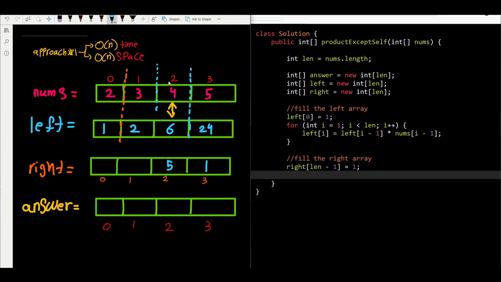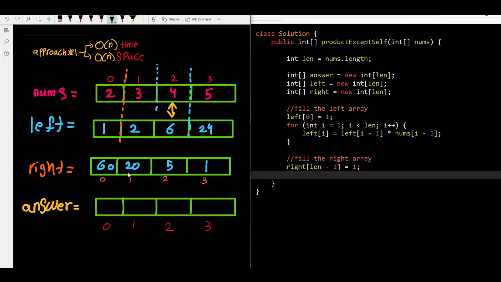We see that we have 4 and 5, so we know that 4 times 5 equals 20. So now finally, let's go to index 0. Go to index 0 in nums, and we need to multiply all the numbers to the right of index 0. We have the 3, the 4, and the 5, so we know that 3 times 4 times 5 is 60, okay? Or in other words, 3 times 20 equals 60.